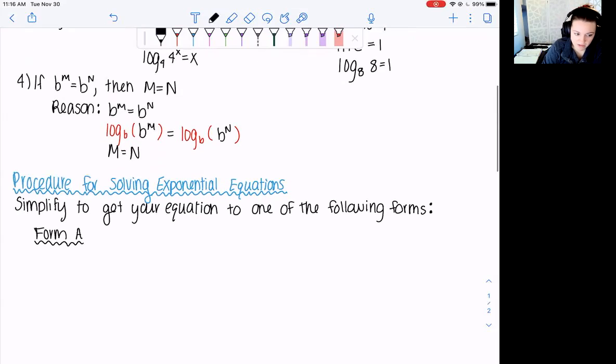So we have form A. This is going to be b raised to some power is equal to b raised to some power, i.e. these guys have a common base.